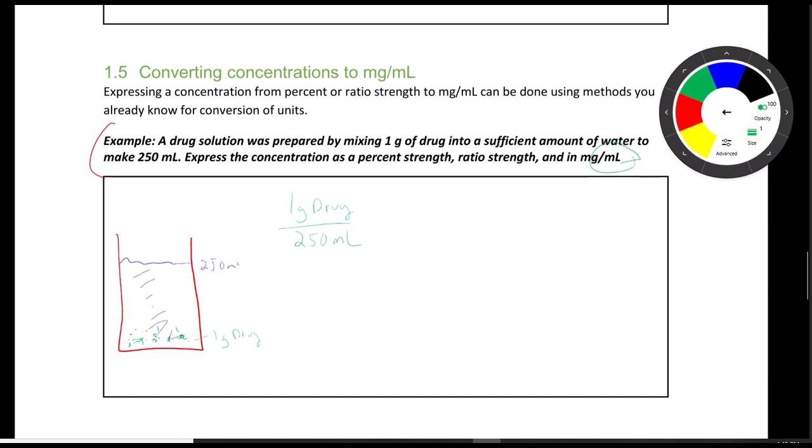If I divide this out, I'm going to get number of grams per 1 mL, but I want to know milligrams per mL. I can do it with dimensional analysis: 1 gram is equal to 1,000 milligrams, and I can get my answer in milligrams per mL.